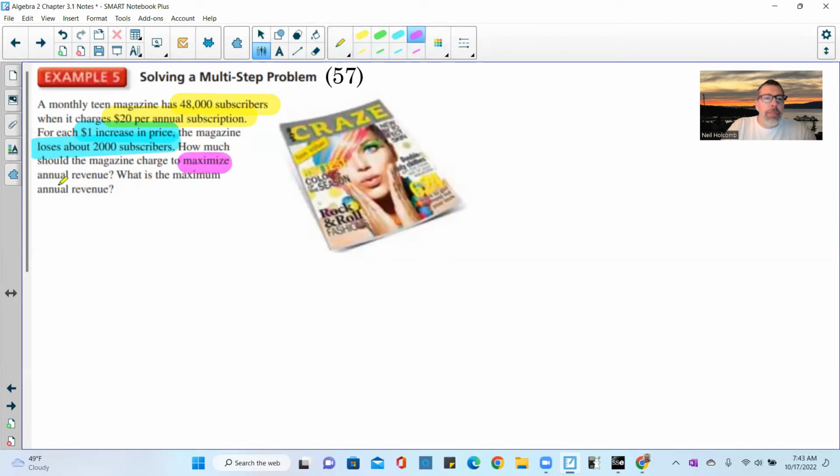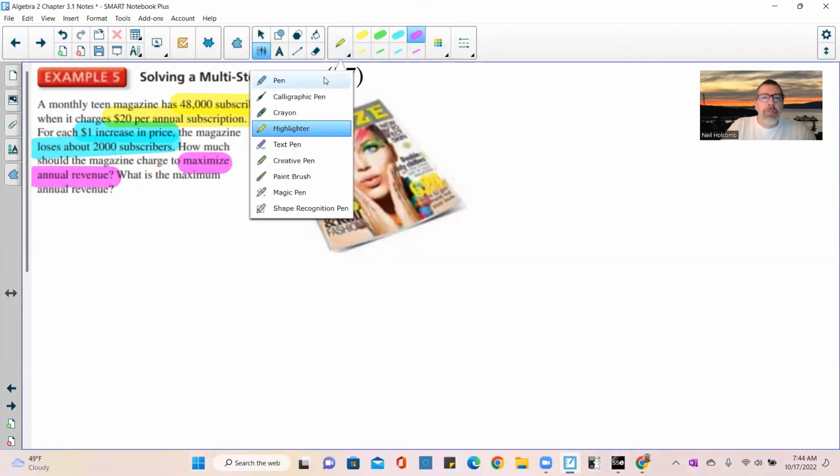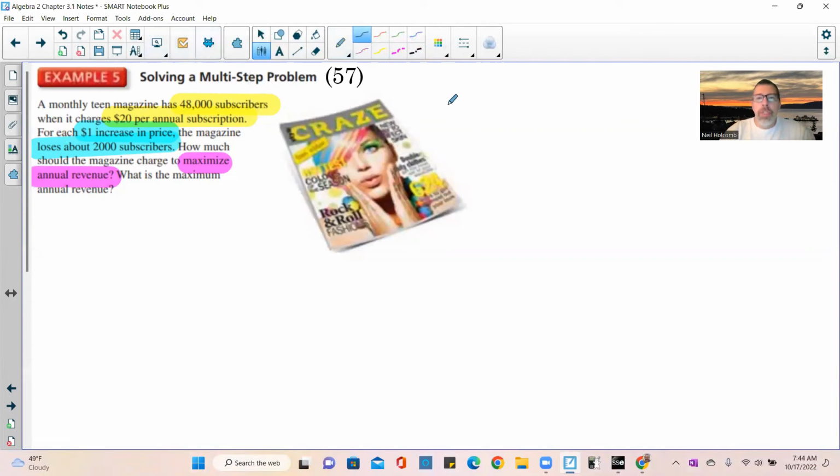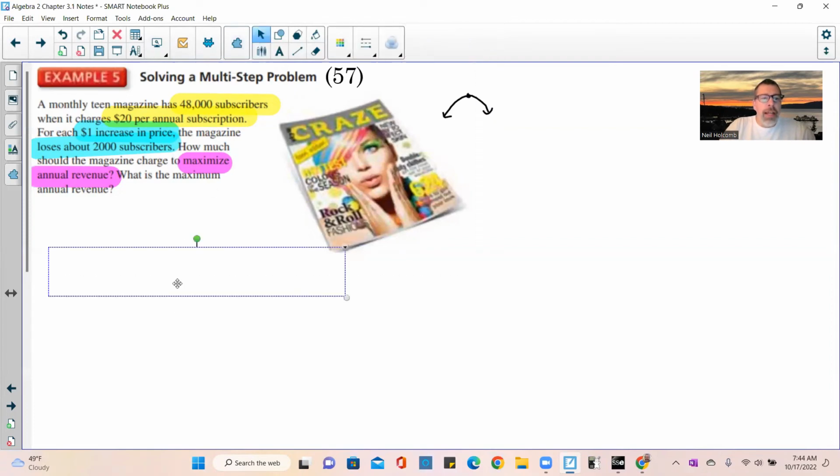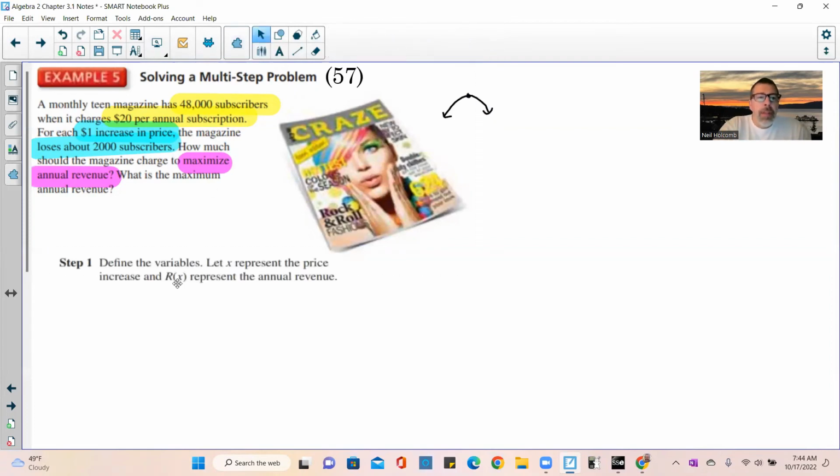So we're looking for a maximum. So since we're talking about quadratics and parabolas, then this is going to be a parabola opening down like this, and we are looking for the maximum. Okay, so the first thing we want to do in a word problem is identify the variables and define them. So let x represent the price increase, and let r of x represent the annual revenue.